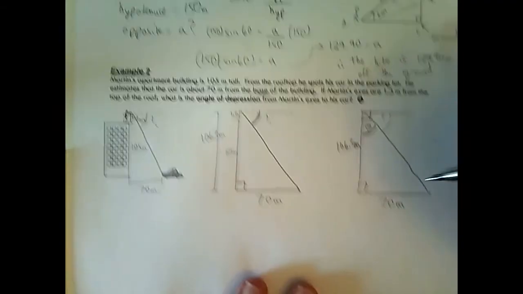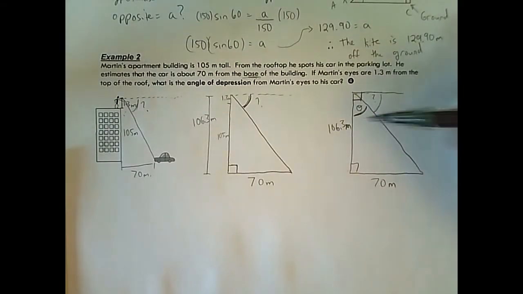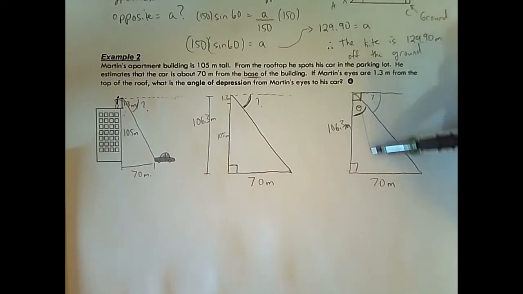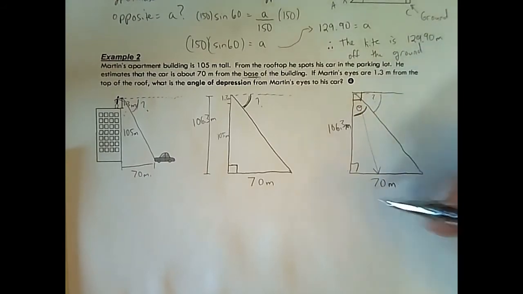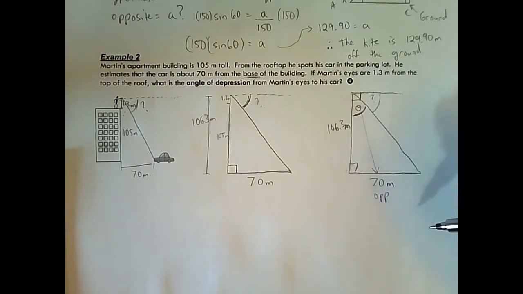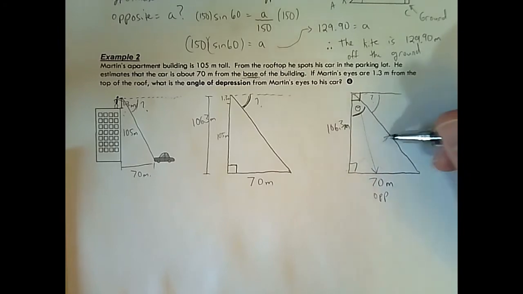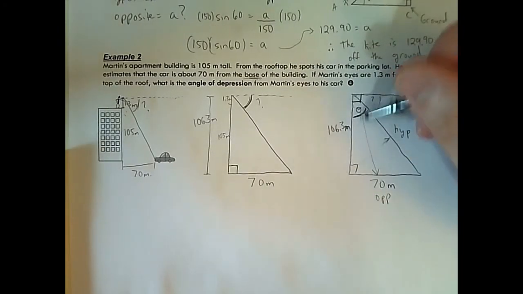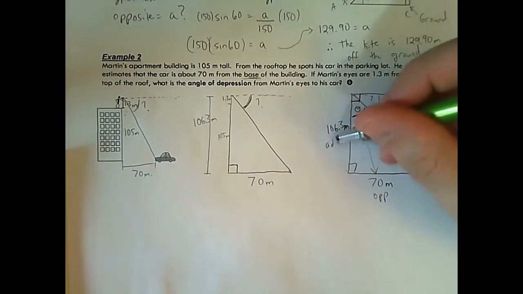Well, what information do we have? Well, this is my angle of reference here, I know that the 70 has to be opposite to that angle. And the hypotenuse is over on this side because it's opposite the right angle, which means that this side is beside this angle, so this has to be the adjacent.